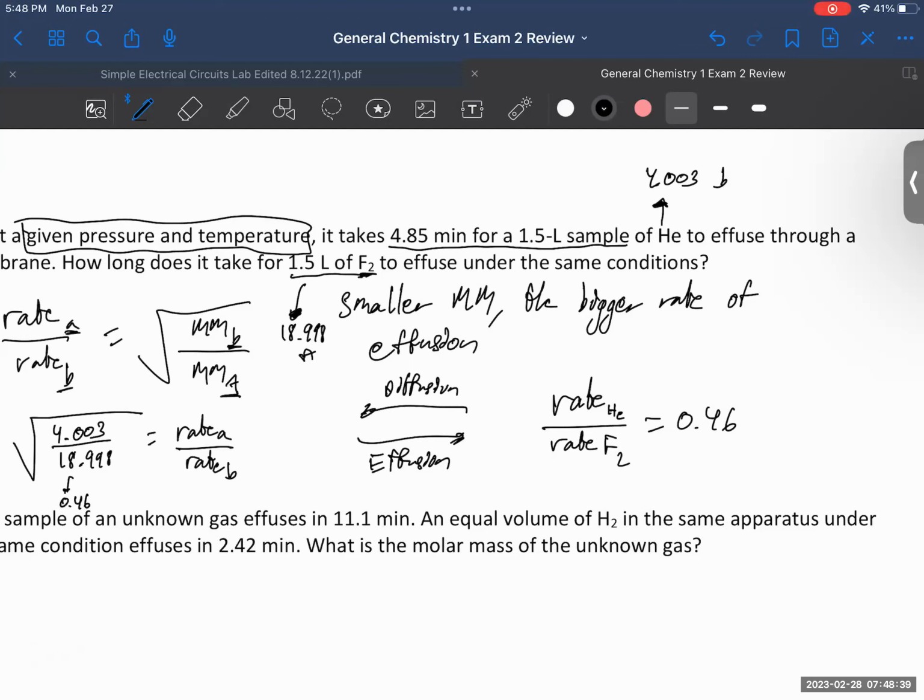So we found the molar mass rate. So the difference between molar masses here is 0.46, right? So we found the square root of that. So now we need the rate of helium over the rate of fluorine is equal to 0.46. All right, first of all, do you expect the rate of helium to be greater or smaller than the rate of fluorine?